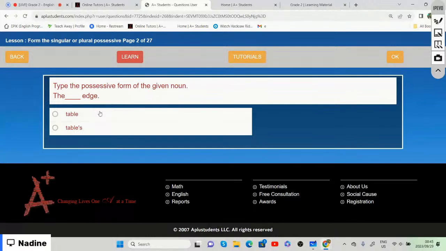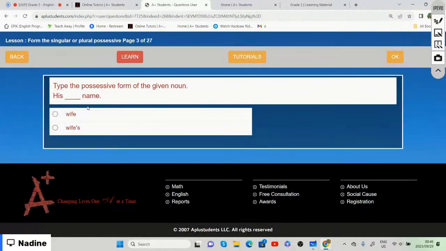And then we will say that it is the table's edge, right? It is the table's edge because now we are talking about that specific edge of that table. So the table's edge. And we put the apostrophe, right? Remember, our apostrophe needs to be there because if there's no apostrophe, only an S, then it shows a plural noun. It does not show a possessive form of the given noun.